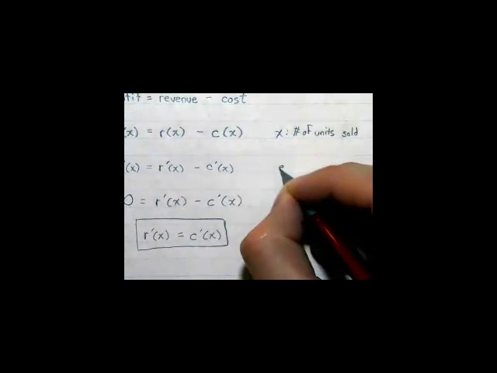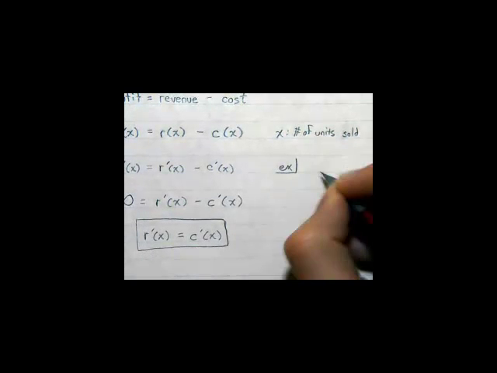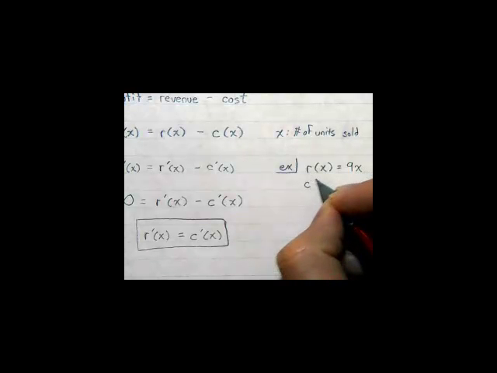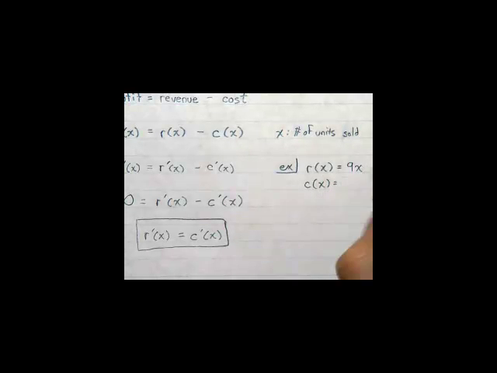Let's say our revenue is 9x, and our cost is x cubed minus 6x squared plus 15x.